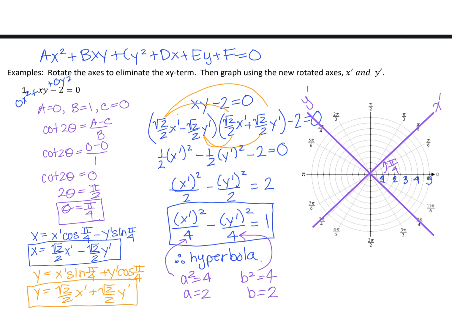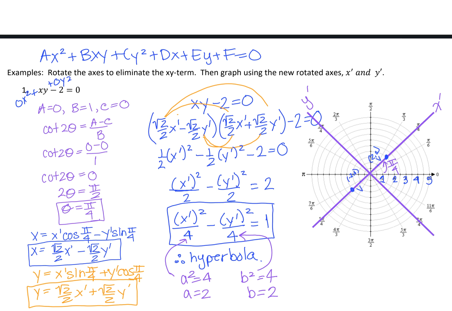So I'm going to go 1, 2 units right there. And this coordinate then would be 2, 0 on my x prime, y prime axis. So 2, 0 on my x prime, y prime. Then -1, -2. So -2, 0 for my other vertex. That's going to be my vertex.